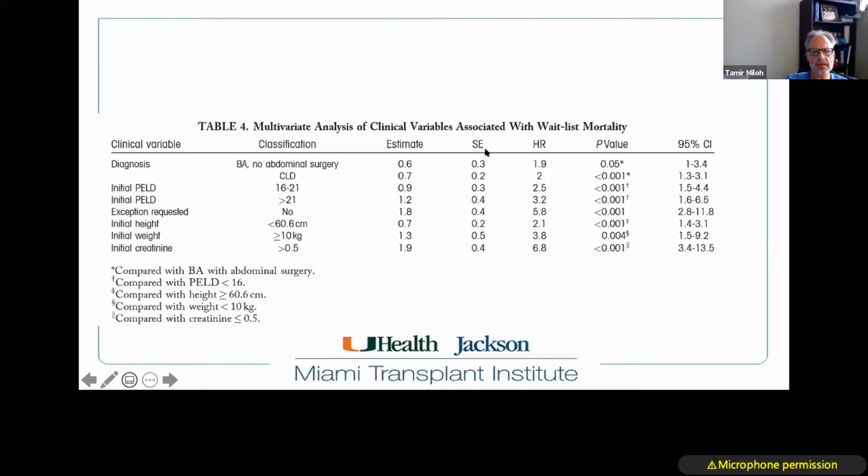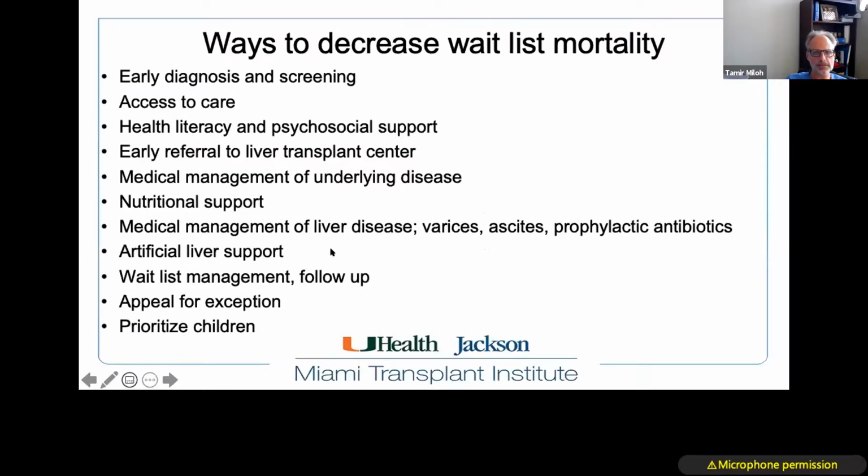And in this table that summarizes the risk of mortality besides biliary atresia and the PELD, you can see that if there was no exception requested, then the hazard ratio is 1.8, meaning they're more likely to die if an exception is not requested. And you can also see that the smaller they are in height and weight, and the renal function also reflects the risk of mortality on the wait list.